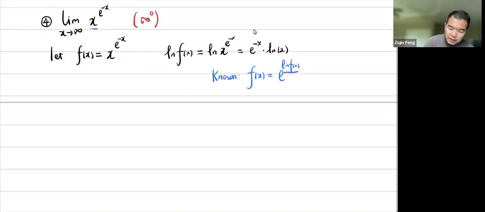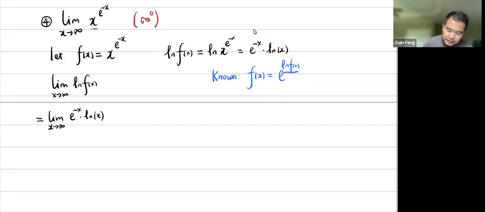So we want to know what's the limit of natural log f of x as x goes to infinity, right? This is equal to, by our simplification, e to negative x times natural log of x. I can see that this is an indeterminate product.